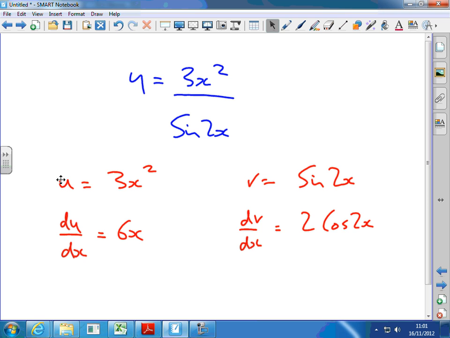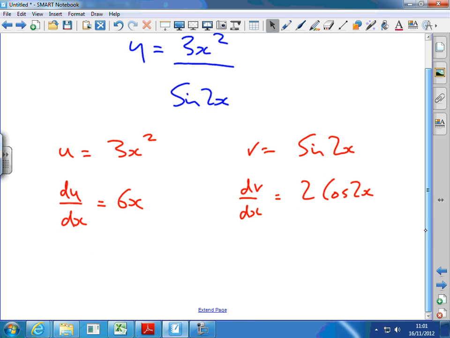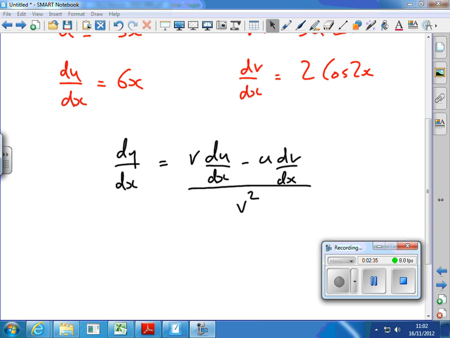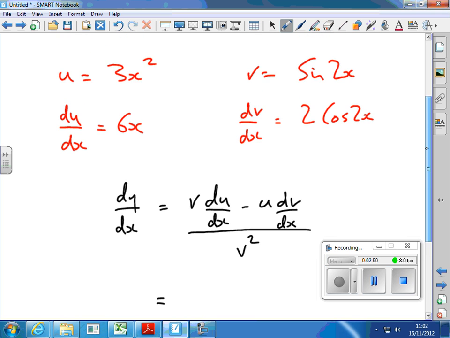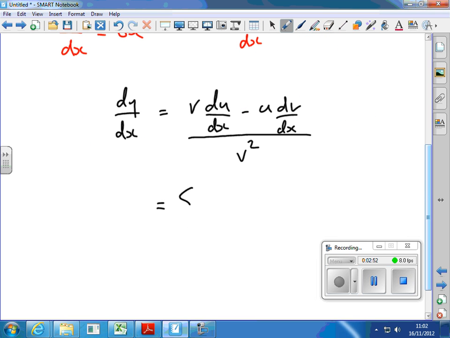So now all I've got to do is put these values into that quotient rule. So we write down the quotient rule, dy by dx equals v du dx minus u dv dx all over v squared, this horrible thing, and then put the values in. What is v? It's sine 2x. So literally just write in what the values are.